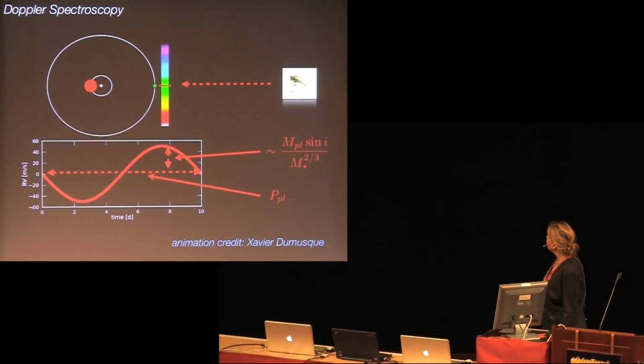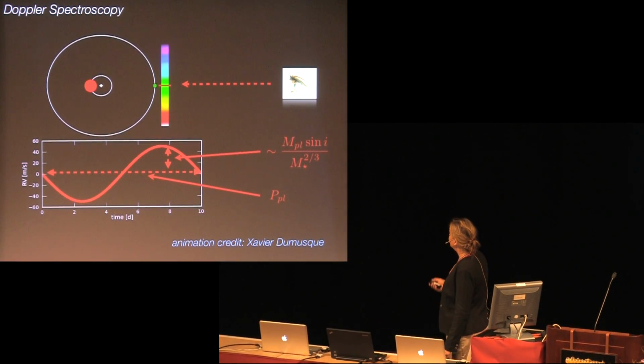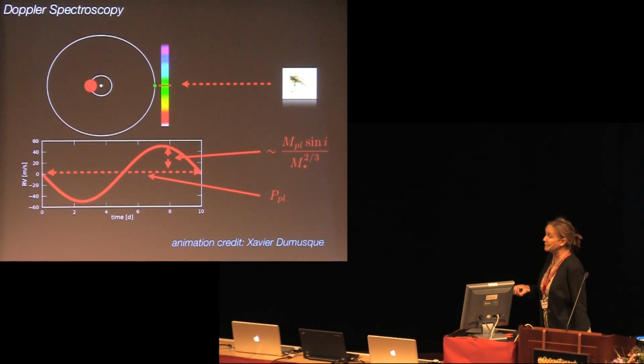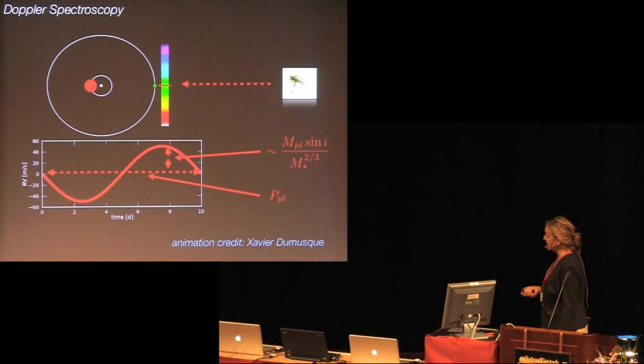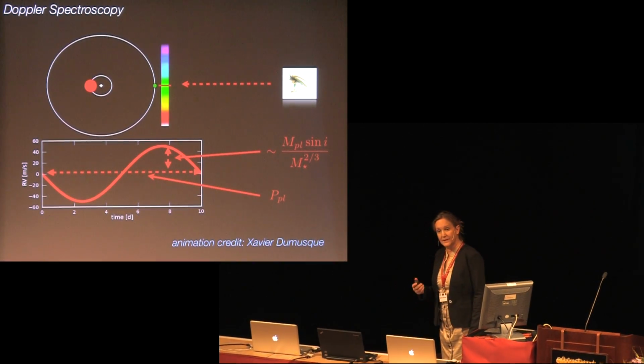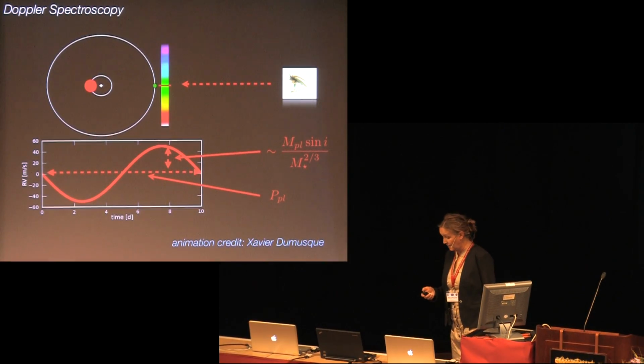And then we model our data to measure the orbital period and to derive the mass of the planet, modulo the inclination of the planet, and including some uncertainty from the mass of the star itself.